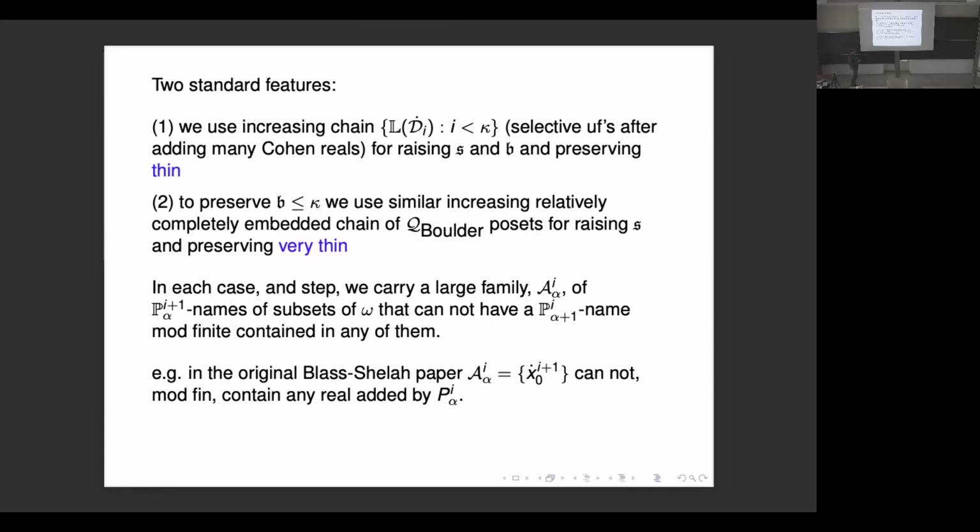The alphas are the horizontal and the i's are the vertical, and simply at height i in the very first column, you add a Cohen real, and the families from then on are just those. They commit to not adding a dominating real over those Cohen reals, and we instead commit to not adding pseudo-intersections. So that's the somewhat standard idea, although this idea is going to be more general.